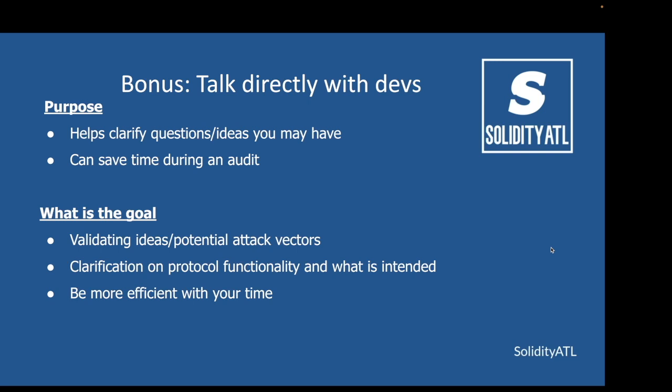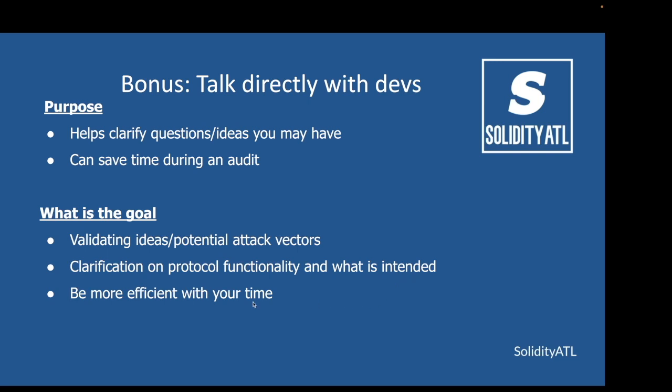Some of the goals when you're talking to the developers during an audit are validating some ideas you have on potential attack vectors or potential architectural things. Because sometimes if you think that the way a protocol architected their code can be improved, that's something the developers would also like to hear. Second point, you can also get clarification on protocol functionality and what's intended.